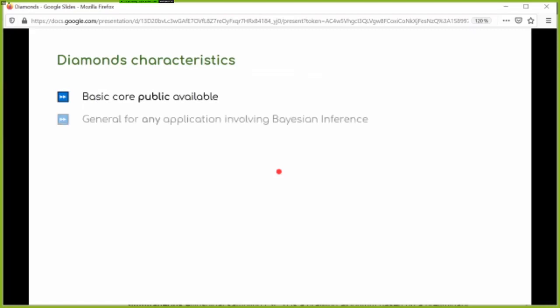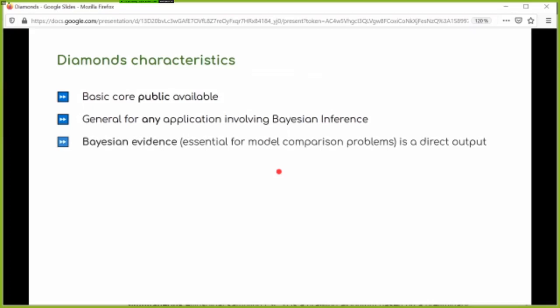So let's move to the generalities on Diamonds. What are its characteristics? Diamonds has a basic core publicly available, and it's a general software for any application involving Bayesian inference. It provides the Bayesian evidence, which is essential for model comparison problems, as an output.